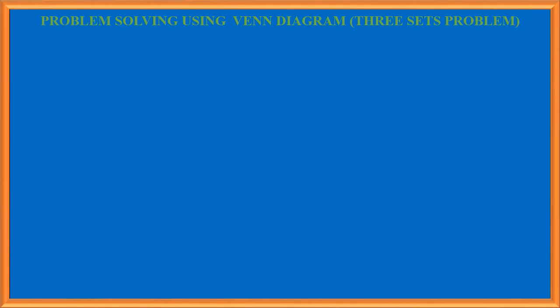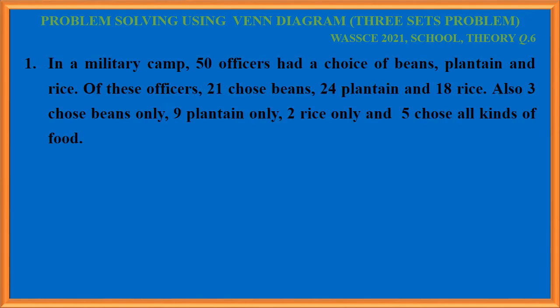And we are starting that with a WASSCE 2021 theory question number 6, which is in a military camp. 50 officers had a choice of beans, plantain, and rice.